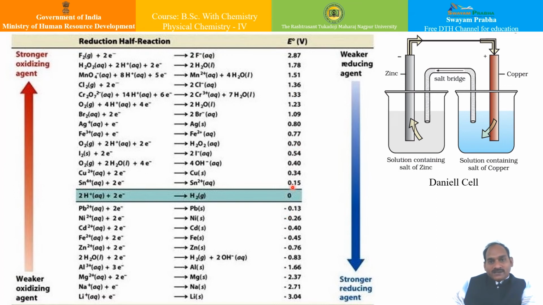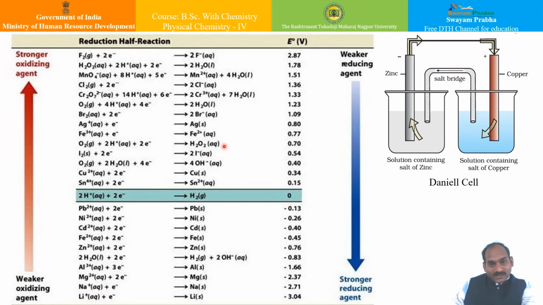So if the standard electrode potential of an electrode is greater than 0, then its reduced form is more stable compared to hydrogen gas. So it is arranged according to its stability. Once again, if the standard electrode potential of an electrode is greater than 0, that is above this, then its reduced form is more stable compared to hydrogen gas.